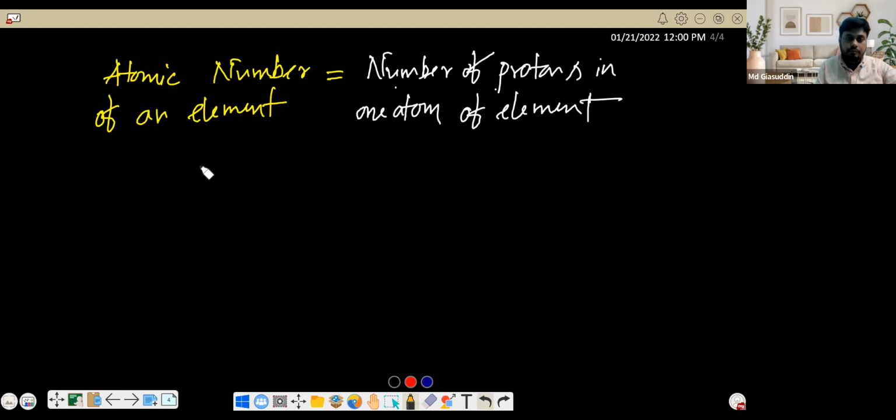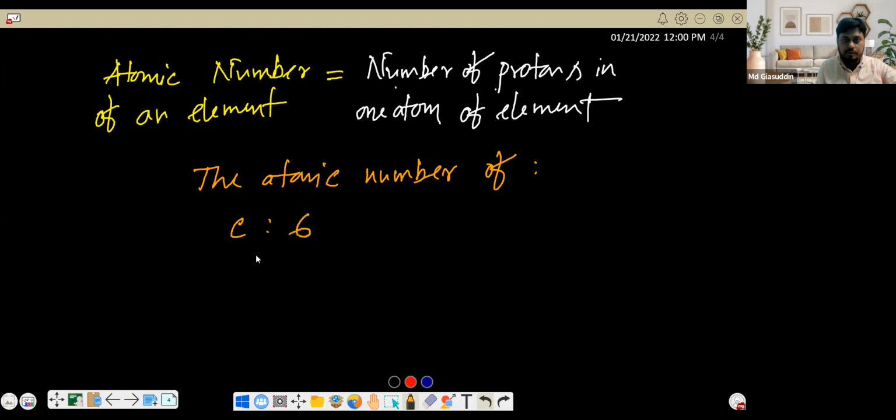So the atomic number of carbon is 6, nitrogen 7, sodium what will be? 11.